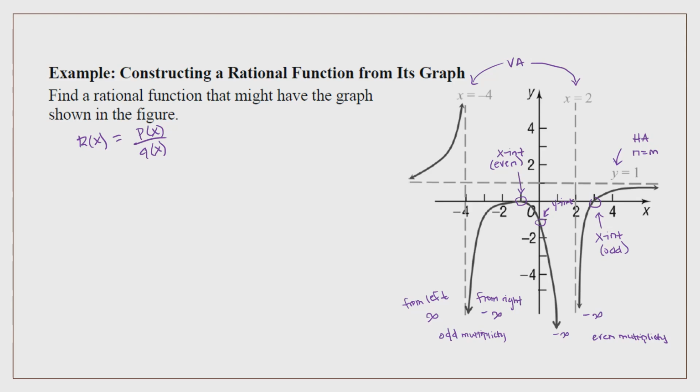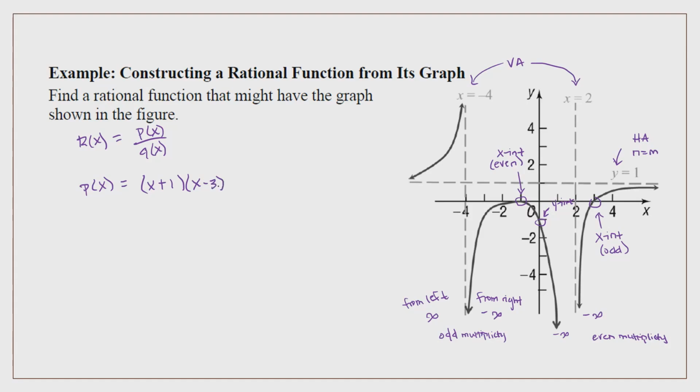and we know that our numerator determines our x-intercepts. So for p of x, we want the factor form of our x-intercepts. So our x-intercepts are -1 and 3. So the factored form would be x plus 1 and x minus 3.